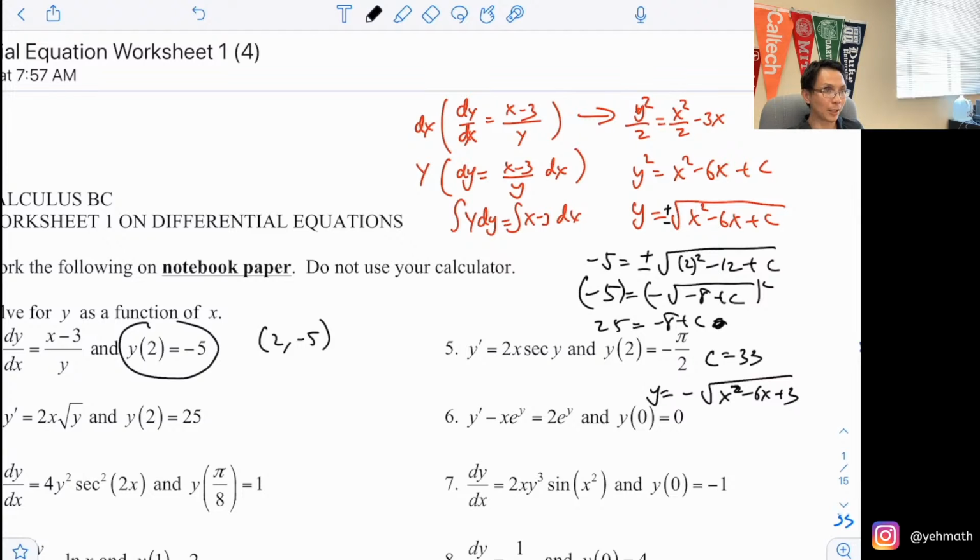You cannot apply the plus sign, because plus the square root of some value is going to be a positive value. It's not going to give you a -5. Only if that sign is negative can it satisfy the initial condition. So the initial condition matters. That can decide which sign it is going to be.